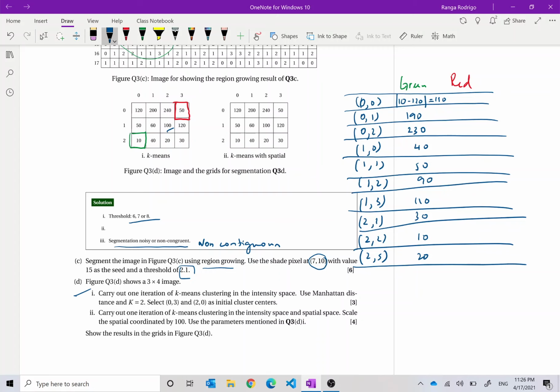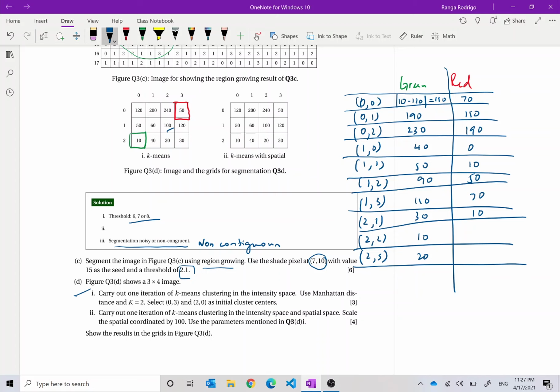Now let's consider the red one. Red one has 50, so 10 minus 50 is 70, 200 minus 50 is 150, 240 minus 50 is 190, 0, 10, 50, 70, 10.